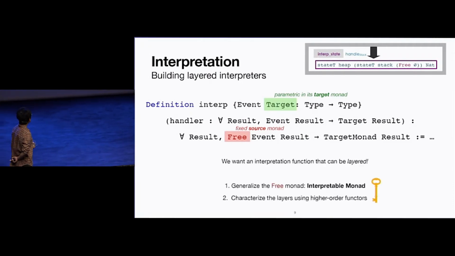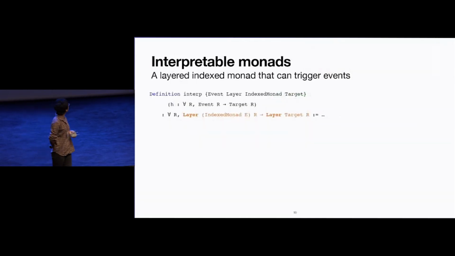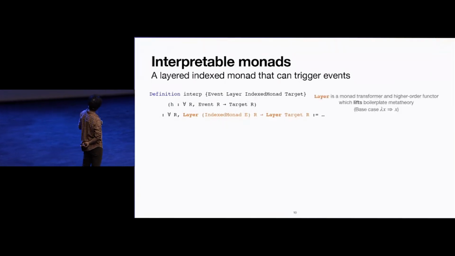So the key idea is that we want an interpretation function that can be layered. So we generalize the notion of a free monad and define something called an interpretable monad, and then we characterize the layers of interpretation using higher order functors. Right. So now we can have a new definition of interp with more things parameterized on the definition. There are two new types that we see here on the definition. We first have a layered type, and then we have an index monad. I'll explain this throughout this slide.